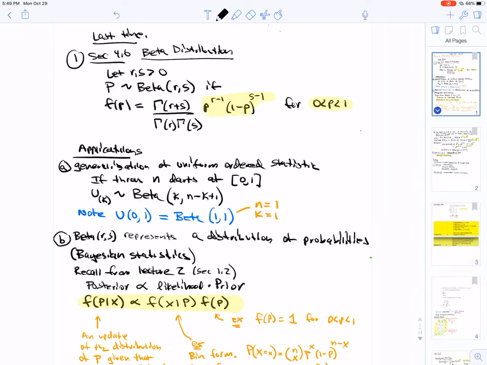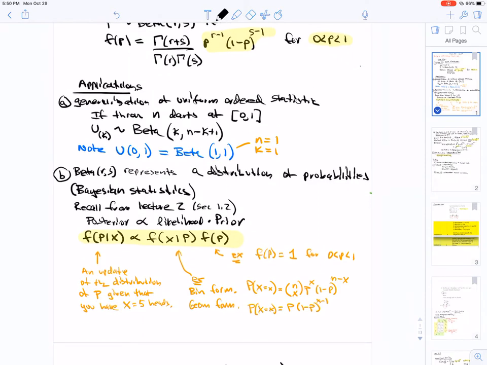In particular, when n is 1 and k is 1, you're just throwing one dart, and the first order statistic is just the standard uniform, which is beta(1, 1).